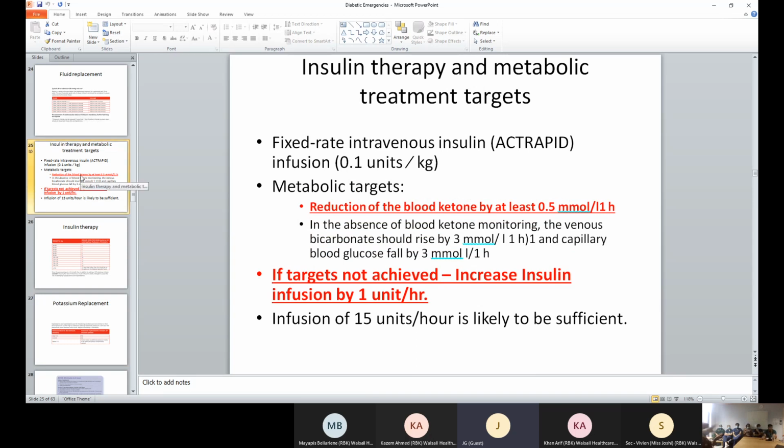The first bag as per the DKA guideline is high. That's when we are going outside the guideline. If in ITU, they can give up to 80 millimole per hour. When I'm saying that you should be able to give it, that's when we need more senior input. I'm saying the usual practical point, yes, that you can give.